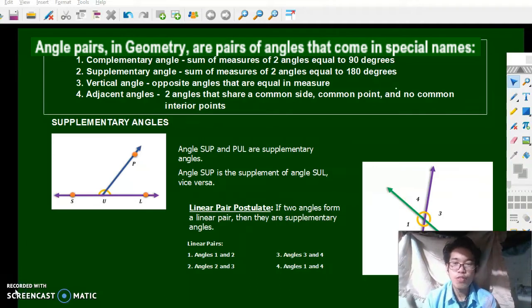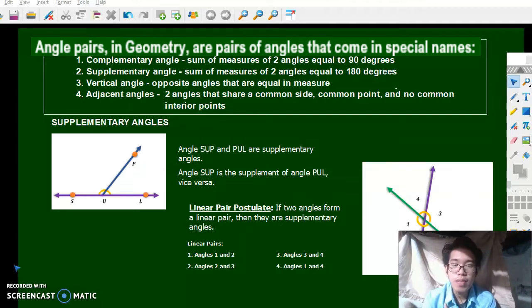Moving forward with supplementary angles, on the left side we have a figure, angle SUL. Angle SUL is a straight angle, composed of two angles: angle SUP and angle PUL.